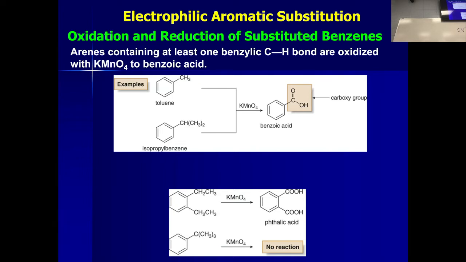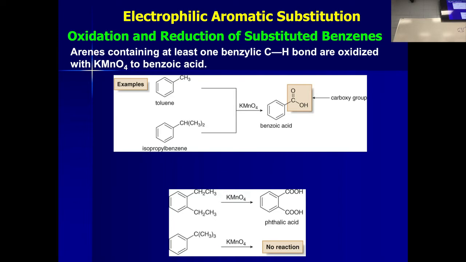Now on my slide, I am showing the oxidant being potassium permanganate, KMnO4. KMnO4 will do this reaction. Your book talks about the chromium reagents, so CrO3, H2SO4 will also do this reaction.